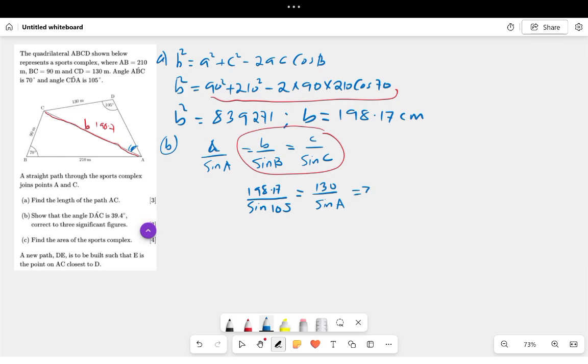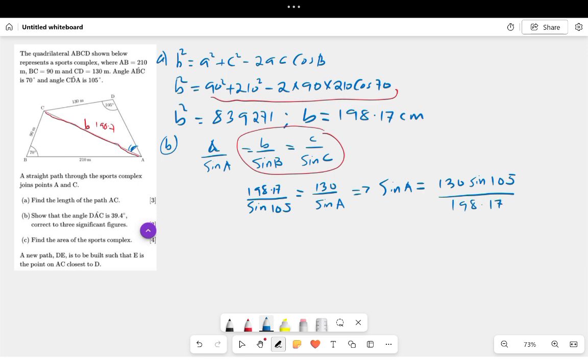Therefore, if I want to find sine A, it's simple. Sine A is equal to 130 sine 105 divided by 198.17.